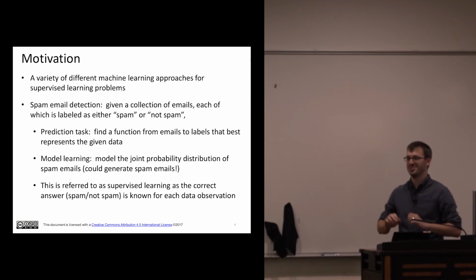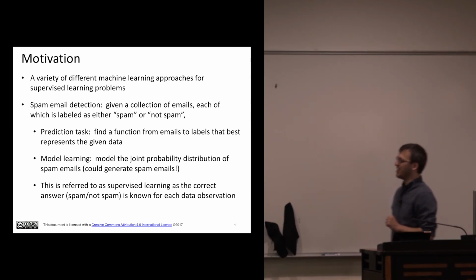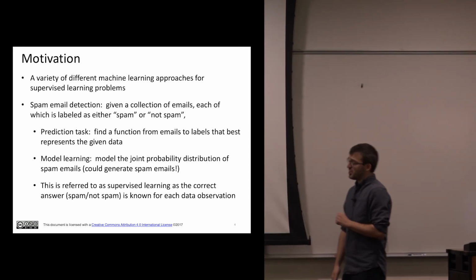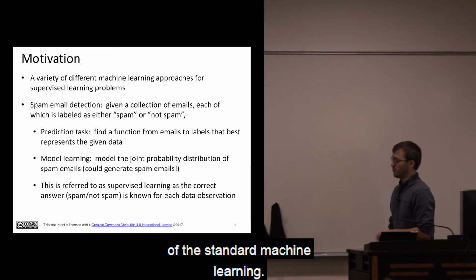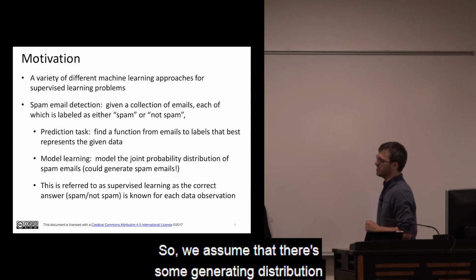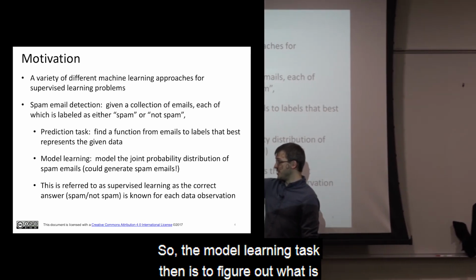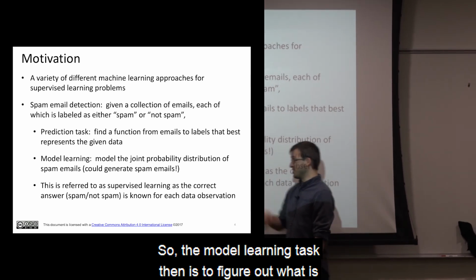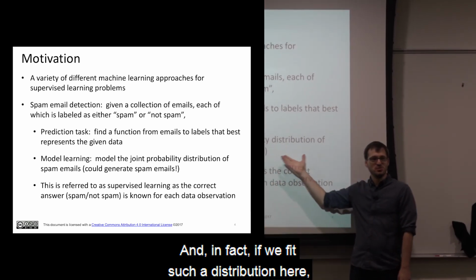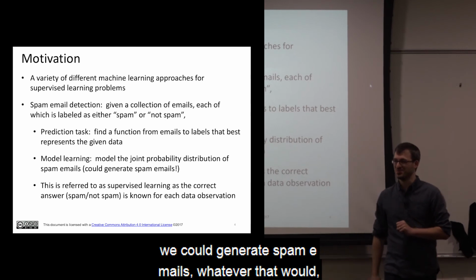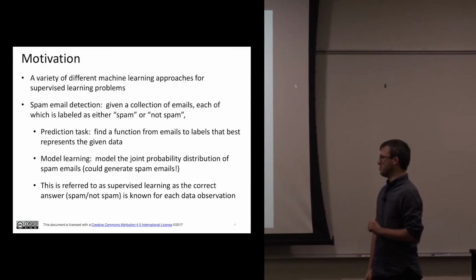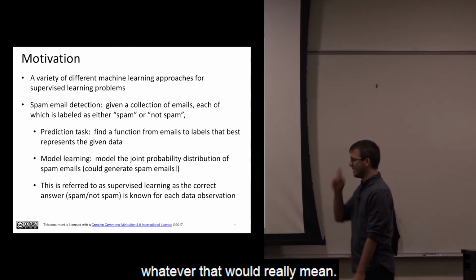This is a very Bayesian statistical approach to life in the universe, but it is the one that underlies most of the standard machine learning algorithms. We assume that there's some generating distribution for the data. So the model learning task is to figure out what that generating distribution is. And in fact, if we fit such a distribution, we could generate spam emails, whatever that would really mean.